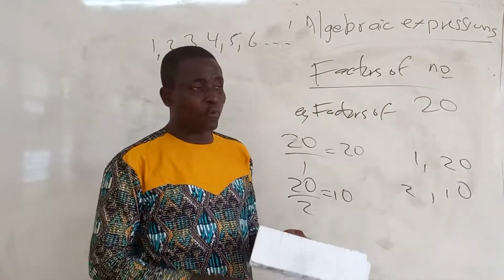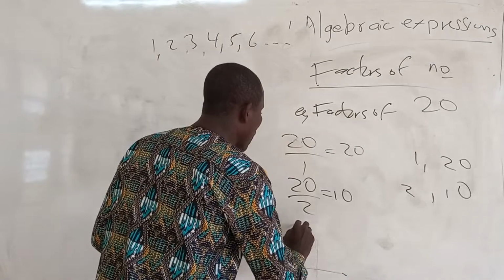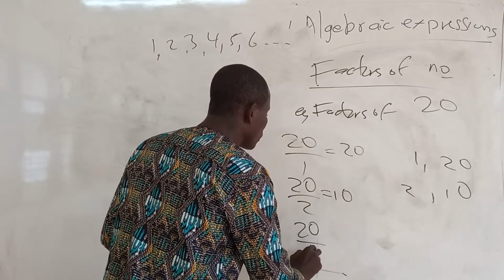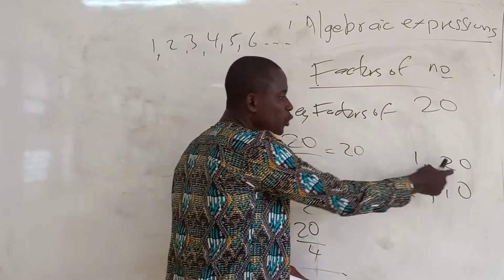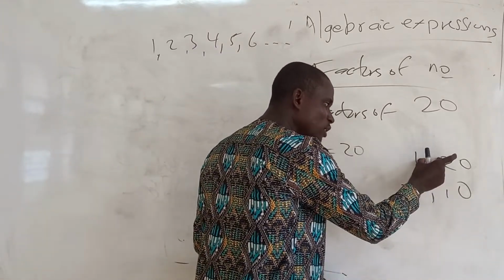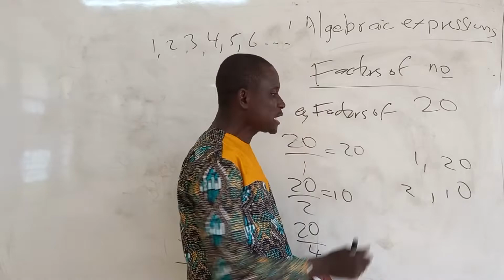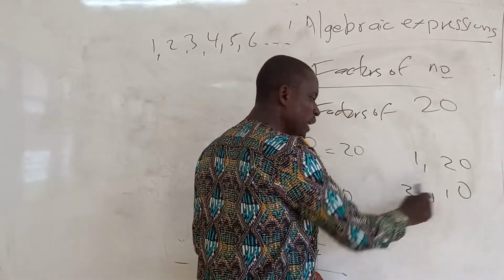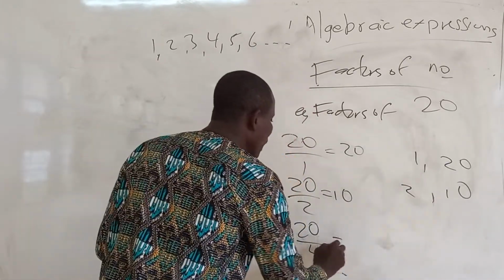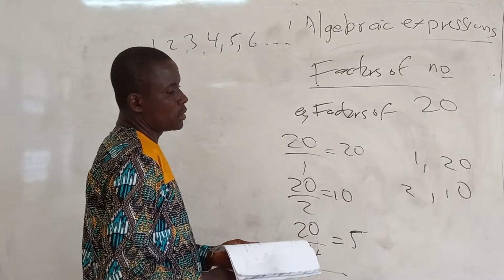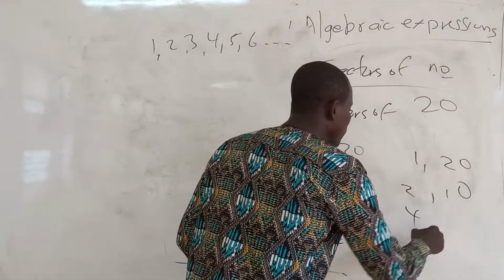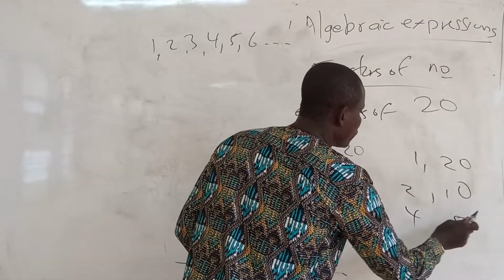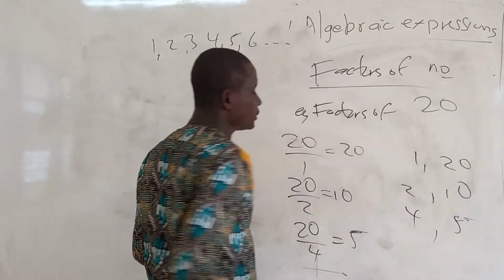You have to skip over it and move on. So I'm having 20 over 4. Note that, watch here, see that 1 and 20, 2 and 10 are between these numbers. We are expecting the next factors to be between 2 and 10. So here I'm having 5. What did I use to divide? I use 4, so I wrote my 4 here, then the result 5. There's no number between here again.